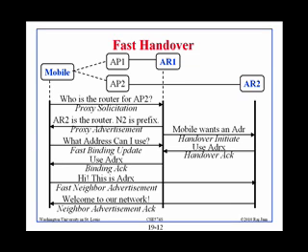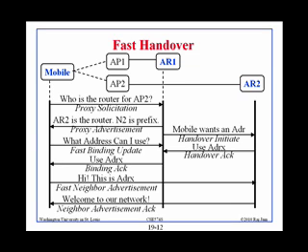So the fast handover is that you can ask that question from access point 1. Because you are talking to access point 1, before you go to access point 2, you could ask access point 1, who is the router for access point 2? And if access point 1 knows about fast handover, it will somehow ask somebody else and get you the answer.